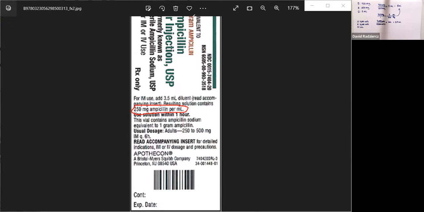The 1 gram doesn't really tell you anything. Adding 3.5 milliliters doesn't really tell you anything. You need to know what the concentration is after the water is added. And it is clearly on the label. You just need to know how and where to look for it and why you're looking for it.